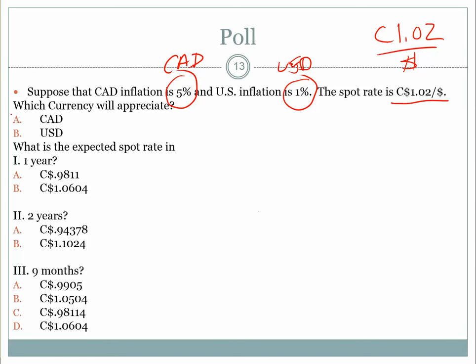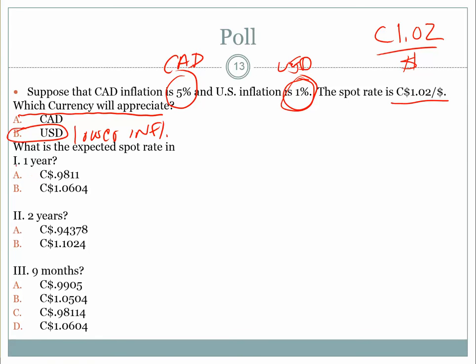First of all, we'll say, well, what currency should appreciate? Well, in this example, the US has lower inflation by around 4%. So what we'd expect is the dollar would appreciate because there's lower inflation. And the CAD would depreciate.